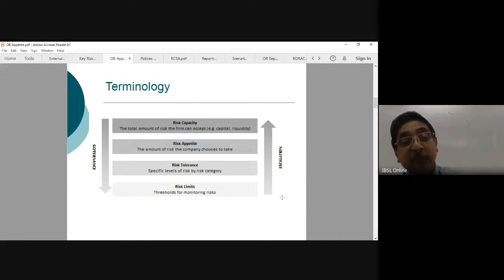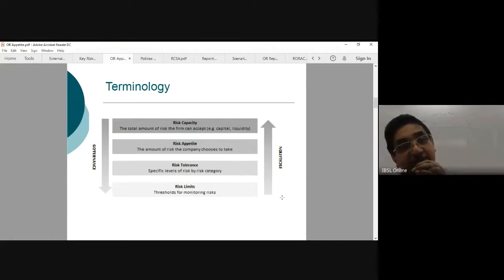Your risk appetite depends on your capital, your capacity, because you know the capacity, and then you have a mental picture of your appetite. But when you put the limits, you put them at a much lower level than your appetite. That is how it is done.